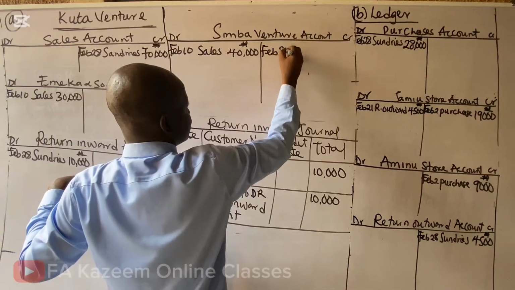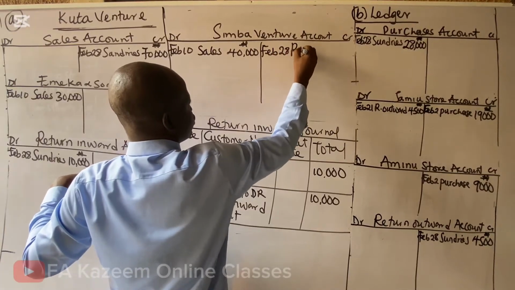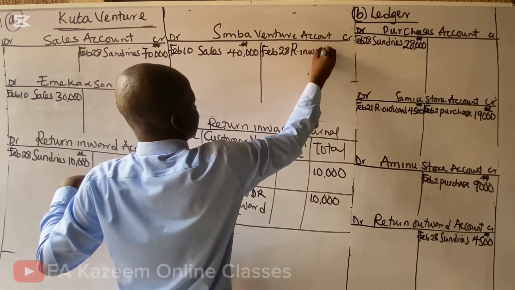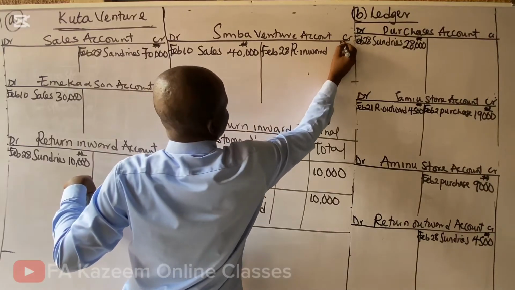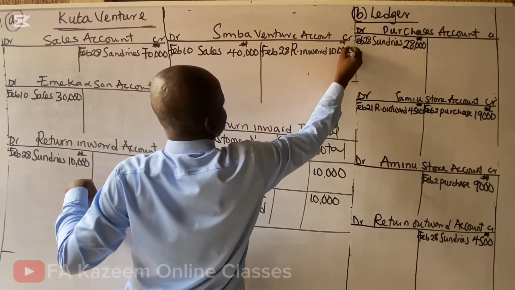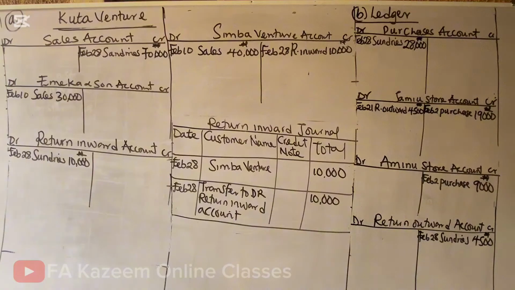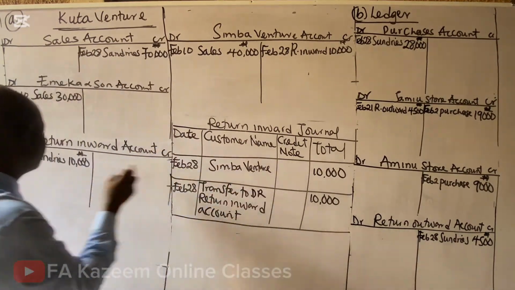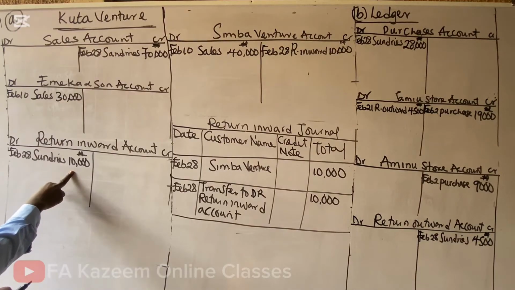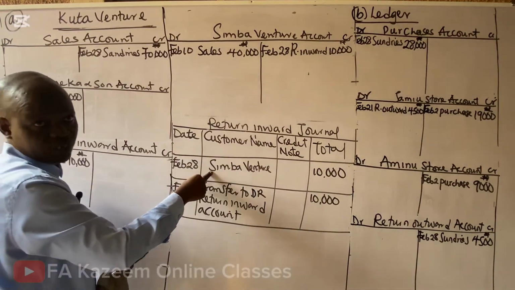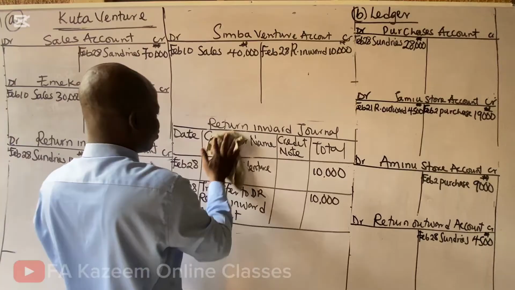February 28th, we have a return inward. How much? 10,000. If you now look at it, all the subsidiary books have been transferred to the ledger. The total return inward has been debited to the return inward account, while the corresponding entry, which is Simba, has been taken to the credit side.